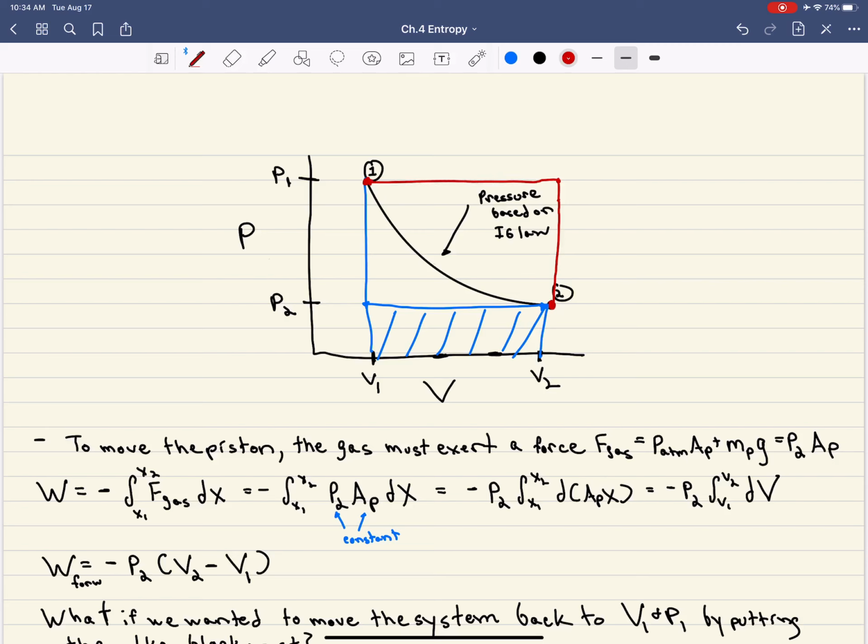Okay? And the work associated with the backwards case can be visualized as the area underneath this new red curve. Okay? And the reason I drew it like this is I want to point out that the area underneath this red curve is much larger than the area underneath the blue curve. Okay? And so mathematically we could describe it like this.